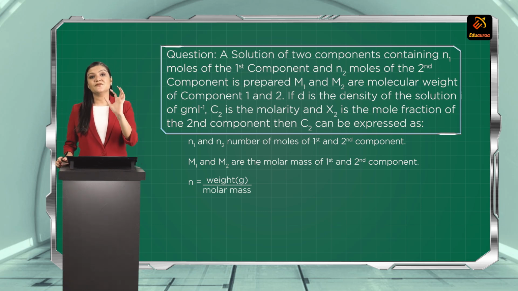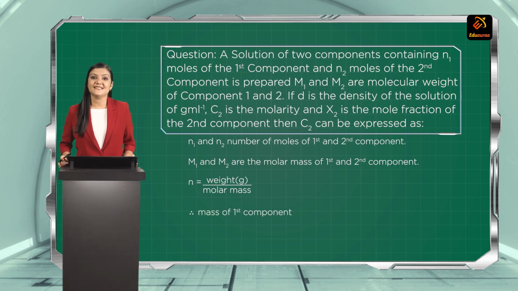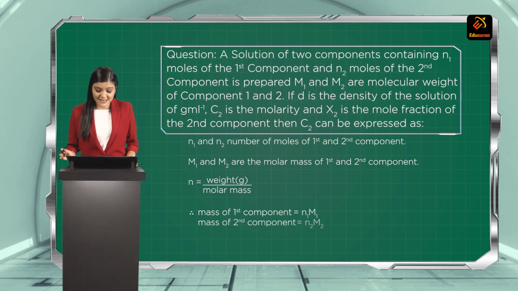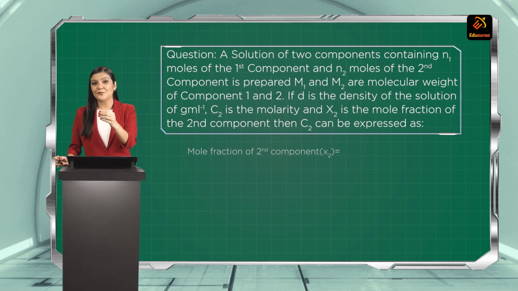Therefore, mass of the first component is equal to N1 into M1 and mass of second component is equal to N2 into M2. So if I consider total mass of the solution, which is equal to N1 M1 plus N2 M2. Now students, the mole fraction of the second component will be equal to number of mole of second component divided by total number of mole.